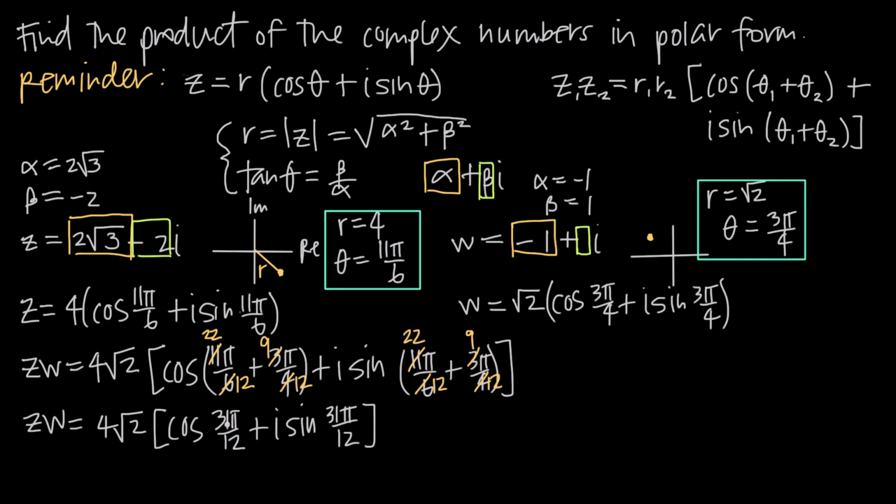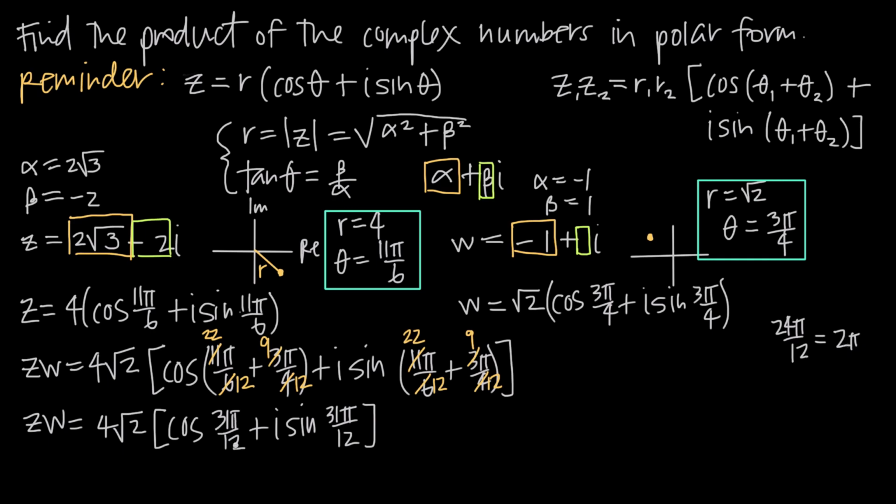The way that you know that is because 31 is greater than 2 times 12. If we wanted to get 2 pi out of this fraction, 24 pi over 12 would simplify to 2 pi because 24 divided by 12 is 2.